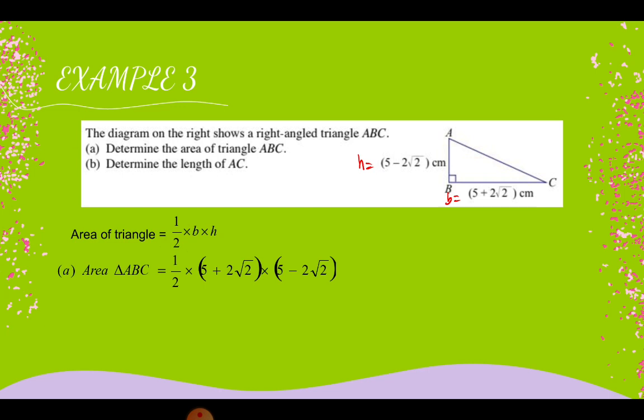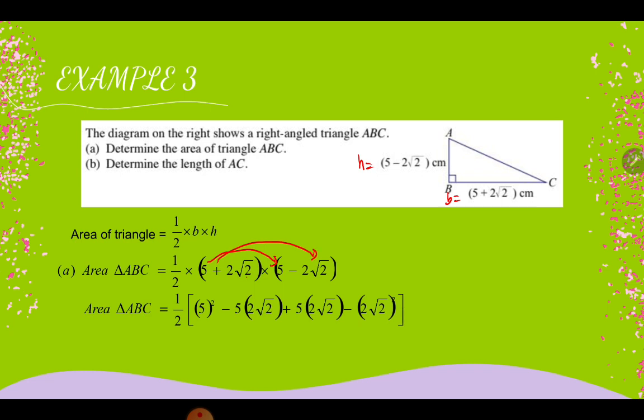So we have this one. Okay, and then we expand. Each term must be multiplied with each term. So this is 5 squared, and the last one is 2 surd 2 squared. 5 squared, of course we have 25. 2 surd 2 squared, we have actually 4 times 2.